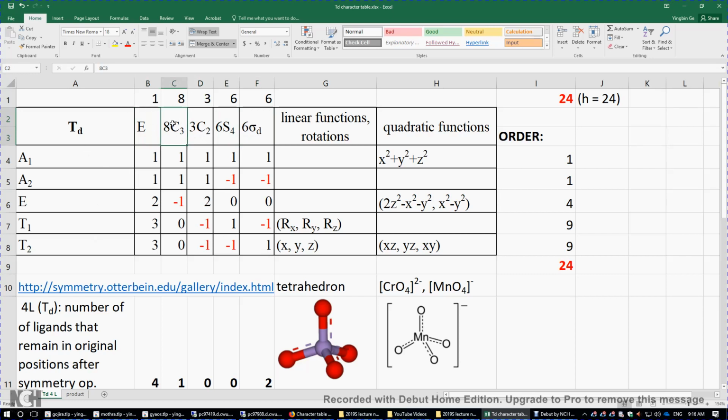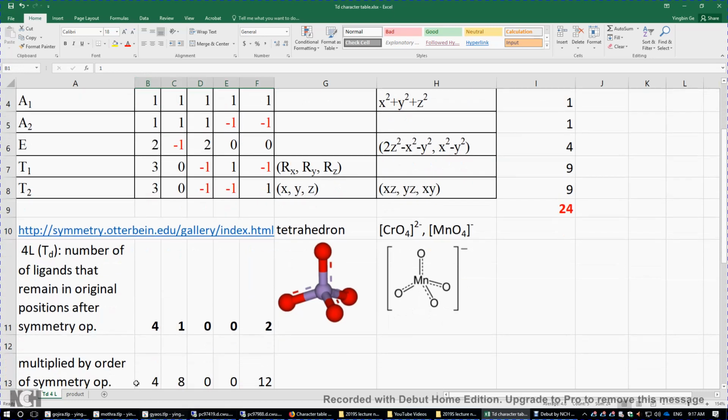Okay, and each class has a different number. 8, for example, 8 different C3 symmetry operations. So we multiply these 5 numbers, the number of ligands that remain in their original positions, with these 5 numbers. Again, that's the number of symmetry operations. All right, and we get the products here.